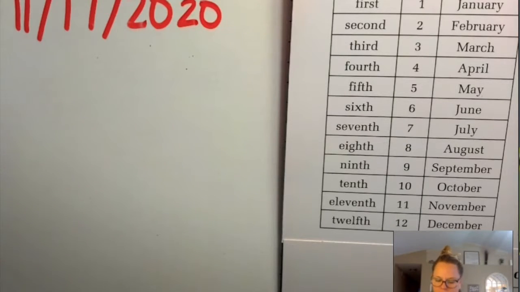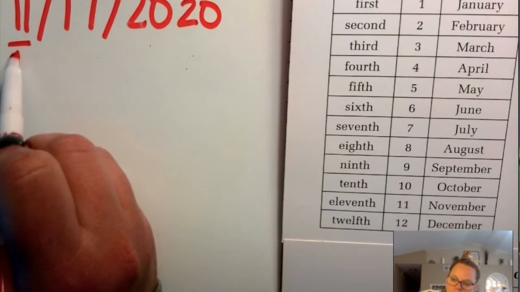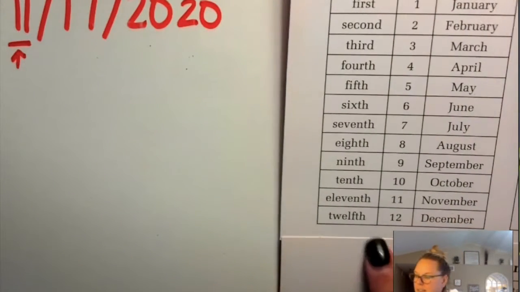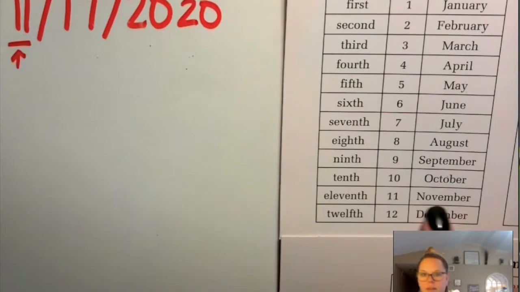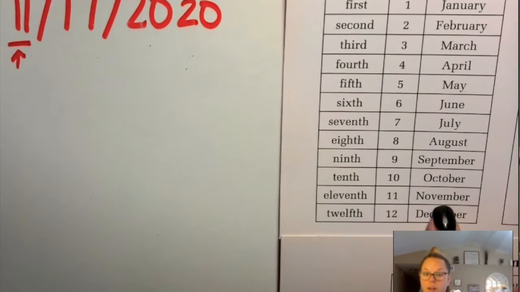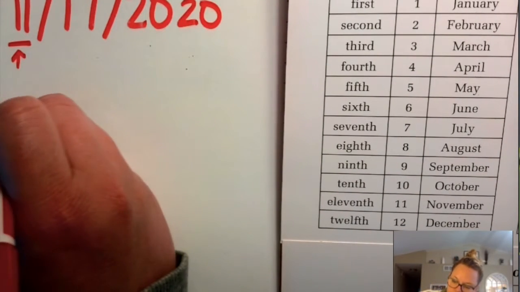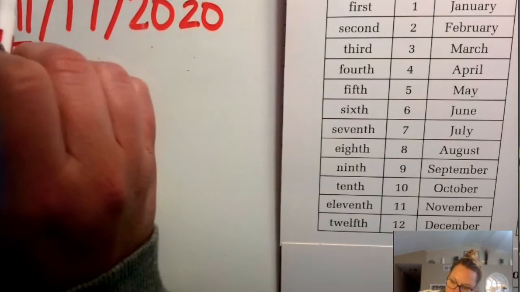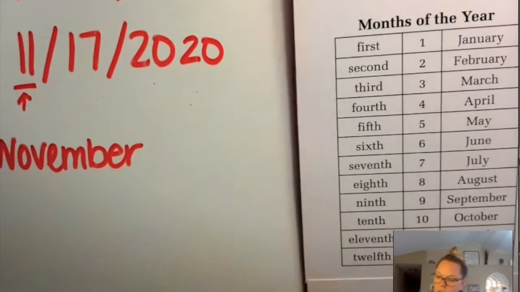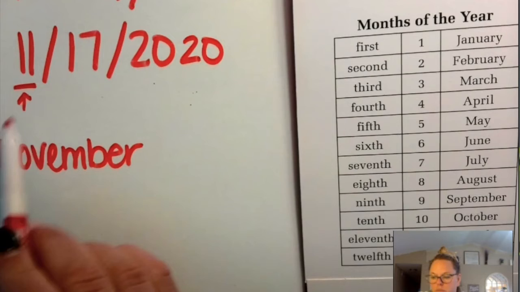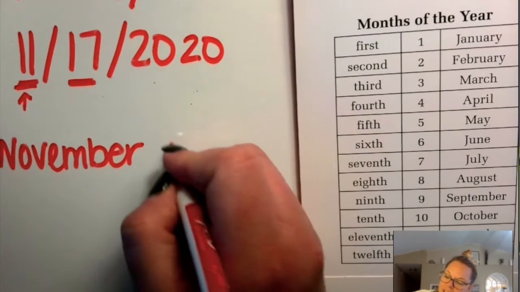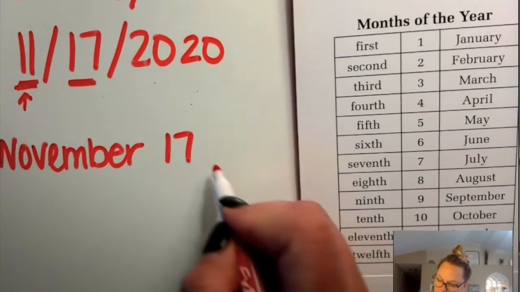Now, what does 11/17/2020 mean? Well, this first set of digits here goes for my month. That's saying it's the 11th month of the year, and the 11th month of the year is November. So it's month first. Then you have a slash when you're talking about digits. 17, that's the day, that's the date.